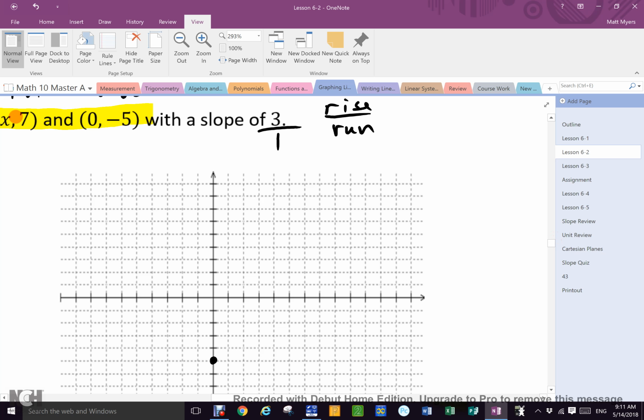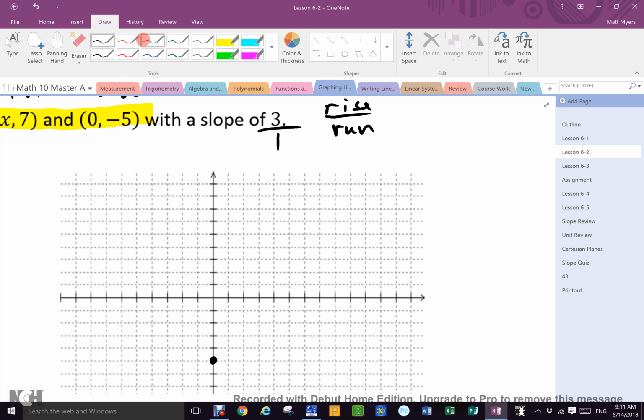And the other one is x, 7. So I know that it's got to hit 1, 2, 3, 4, 5, 6, 7. It's got to hit somewhere on this dotted line, yes? Because that's 7. And I know I've got a slope of 3. So how do I do a slope of 3 from here?